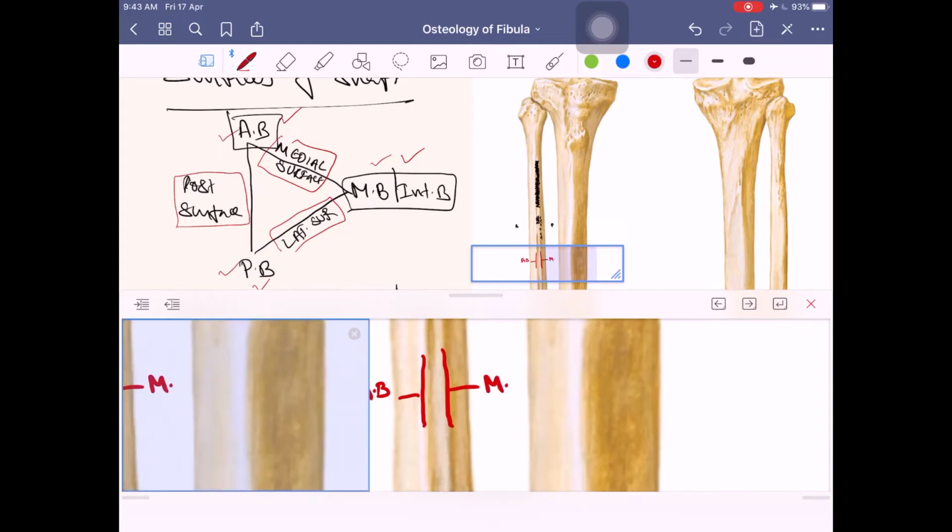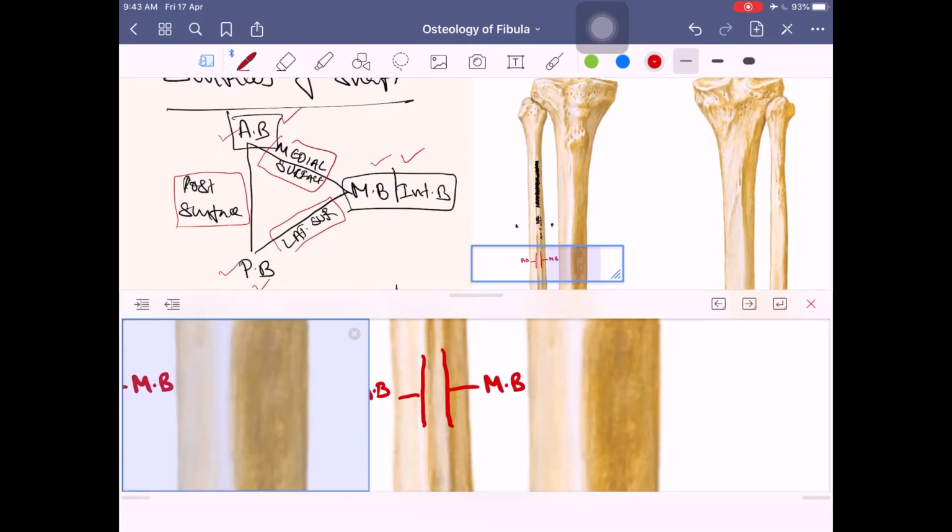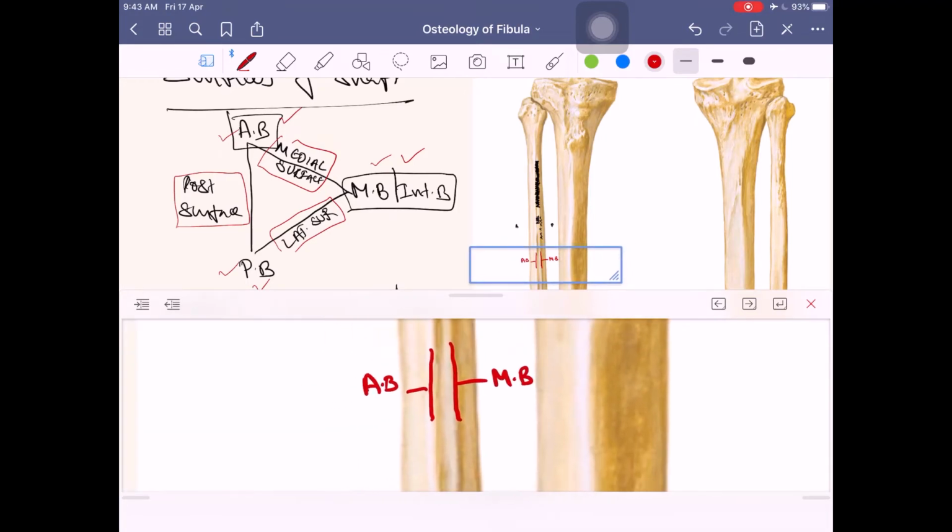Between these two borders you can notice there is a surface. That surface, which I am putting the star on, that slit, is what we call your medial surface.